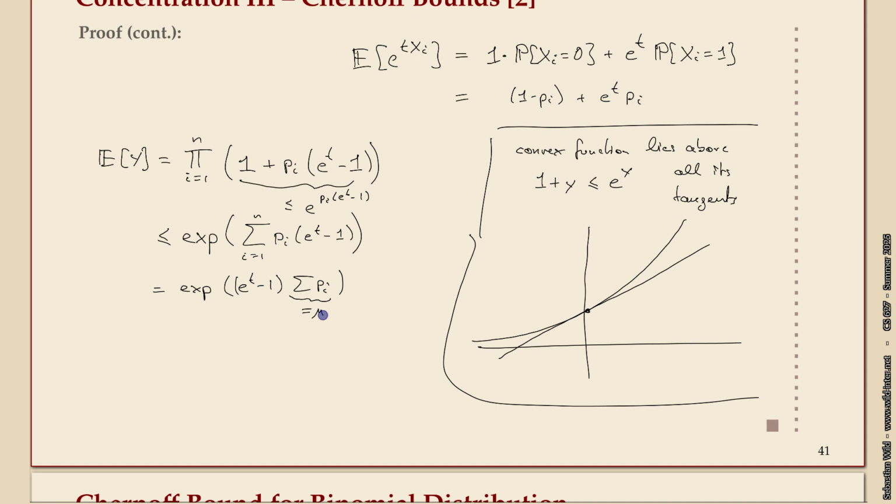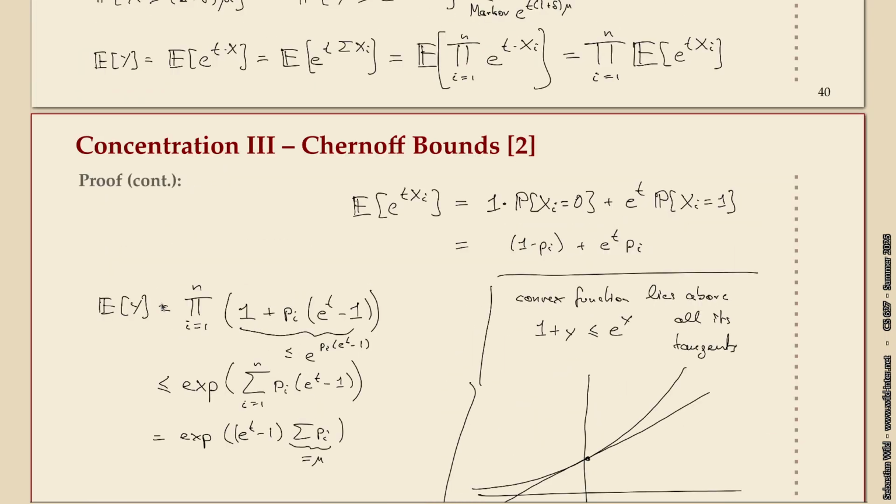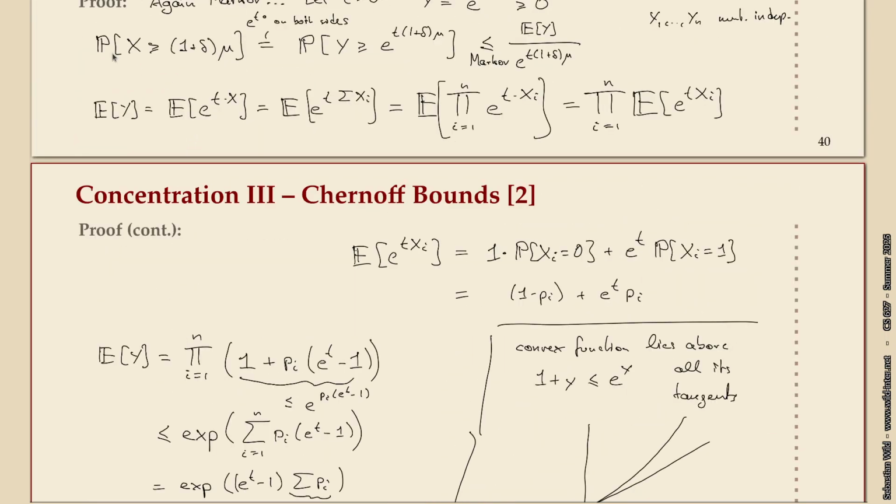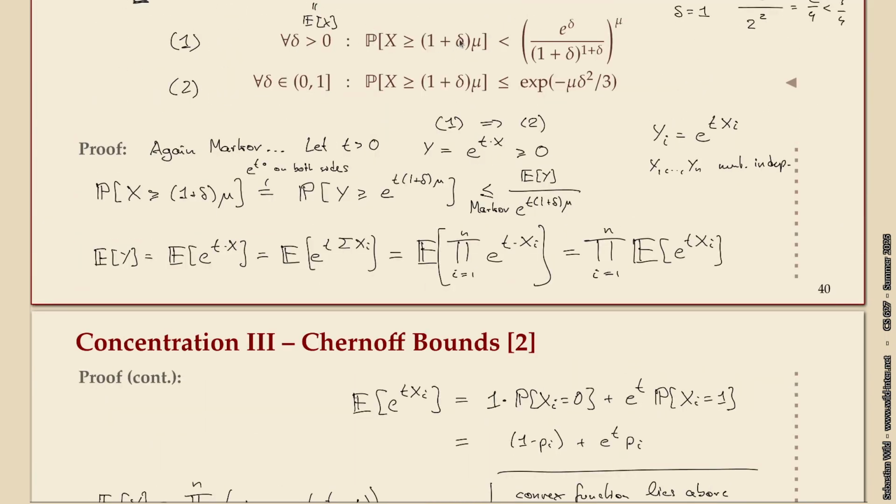Okay, so now we're at the point where we've computed E of Y, or an upper bound for it. Let's continue the original equation from where we started. The probability that x is greater or equal 1 plus delta times mu, which was this guy, ended with expectation of y divided by something.